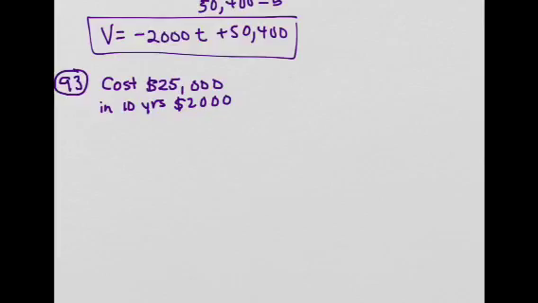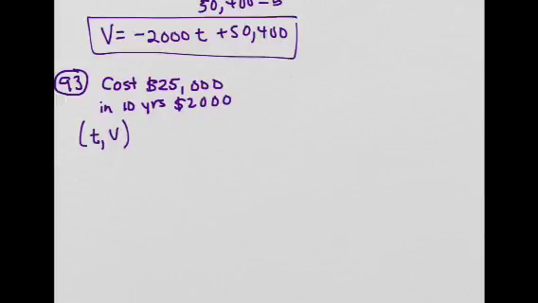Okay, so for 93, they want you to write a linear equation giving the value v of the equipment for each year t during its 10 years of use. So when they first bought the machine, we want V in terms of T again, right? So we want T and V. That's our ordered pair.